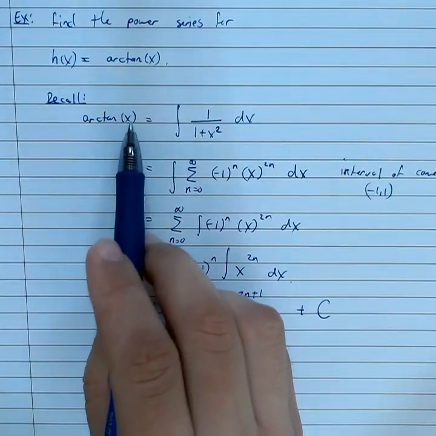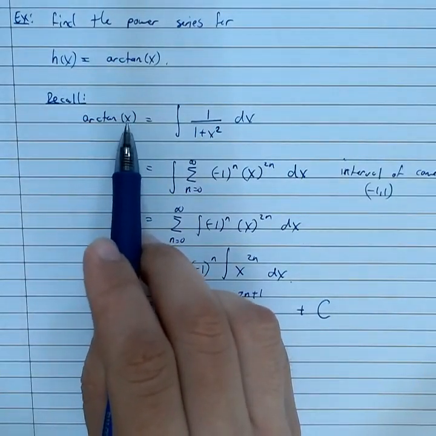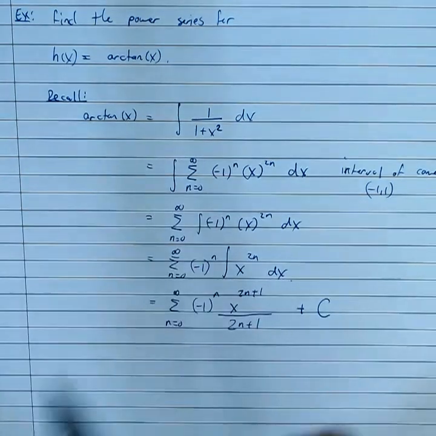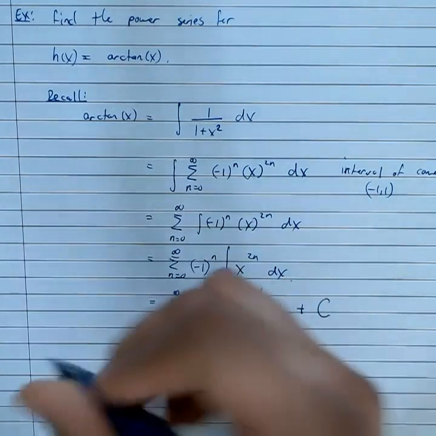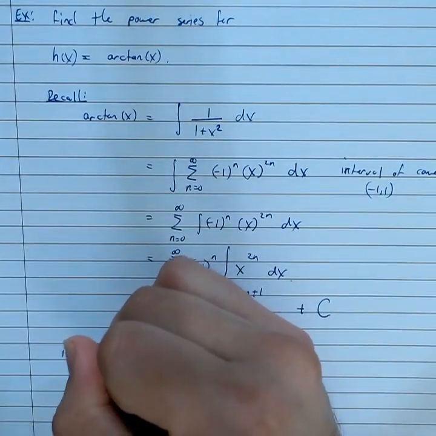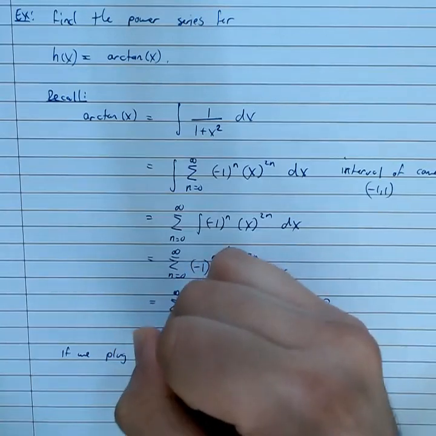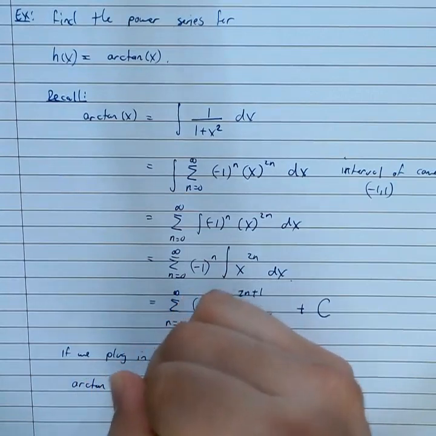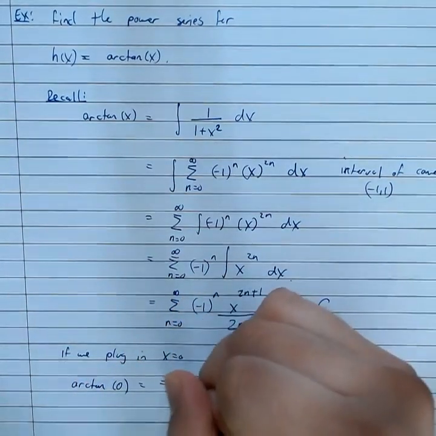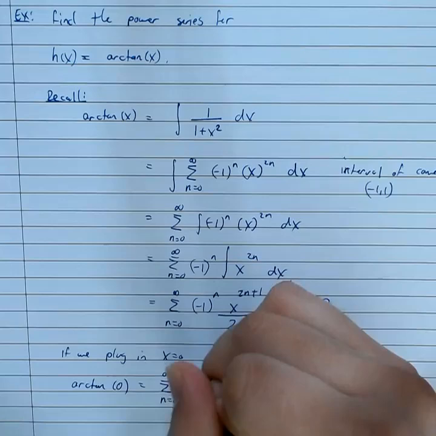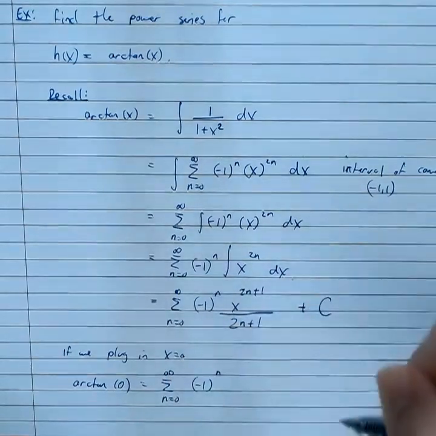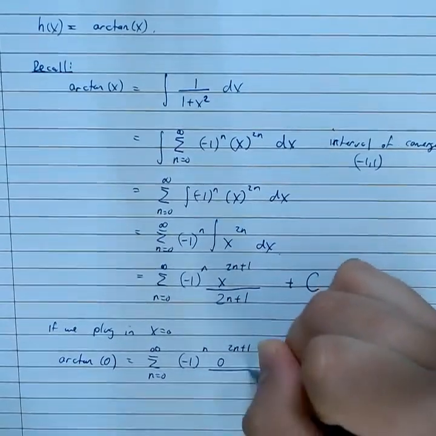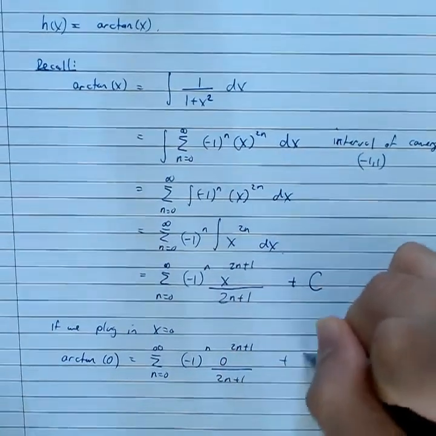So now let's go ahead and plug in a nice convenient number. After all, this function is centered at 0. Right? This isn't x minus 5 or x minus 12. It's x minus 0. So that's centered at 0. So let's plug in 0. If we plug in 0, that's going to give us that the arctangent of 0 is equal to the sum as n goes from 0 to infinity of minus 1 to the power n times 0 to the power 2n plus 1 over 2n plus 1 plus a constant.